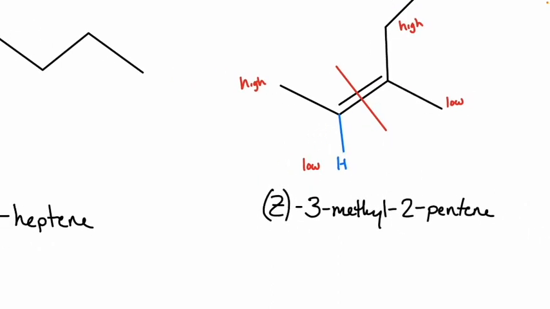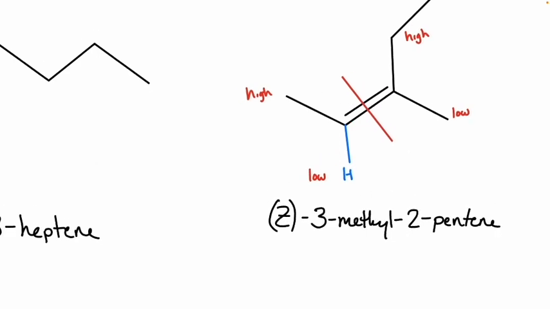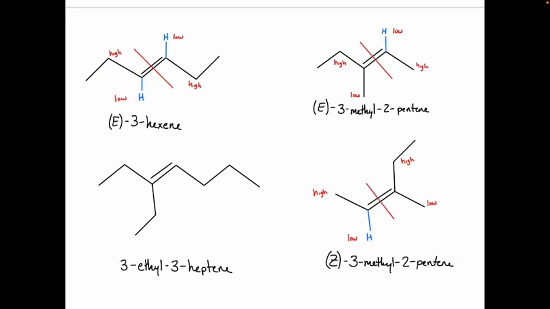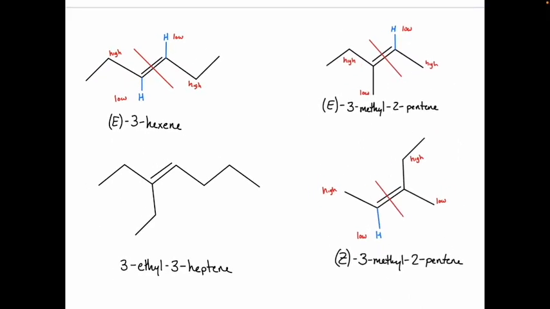I promise it's dumb enough to just get stuck in your head right away. And so we see here we've got a pair of stereoisomers: two molecules that have the same connectivity of atoms. You can tell they have the same name, but they have different stereochemistry.